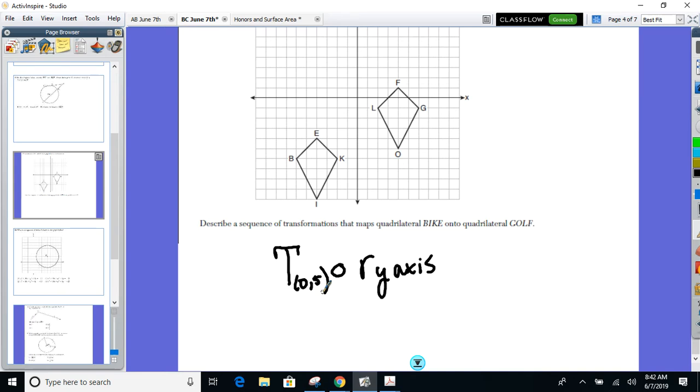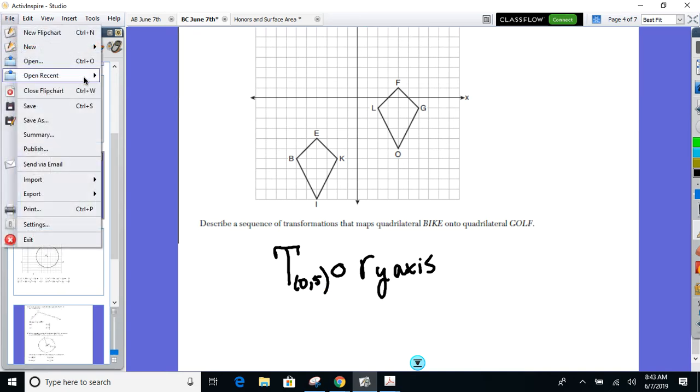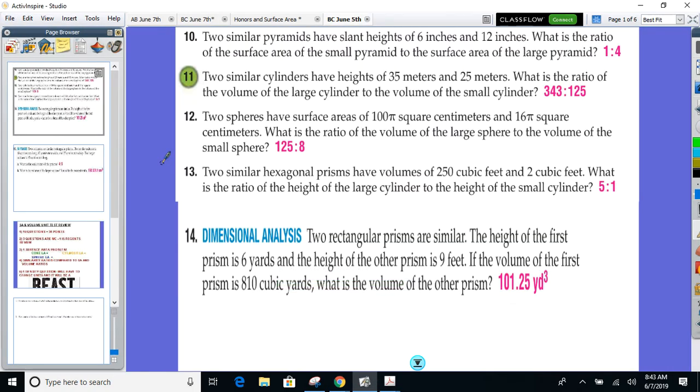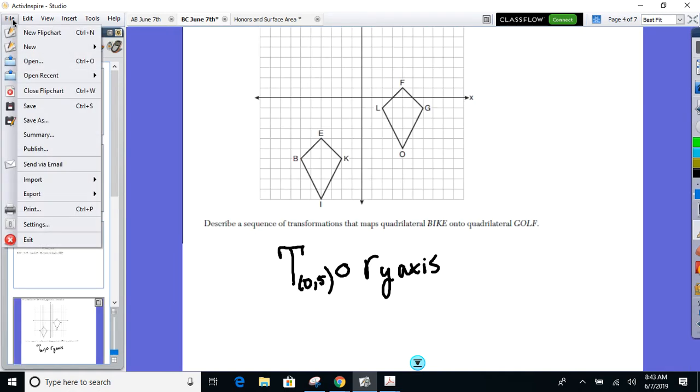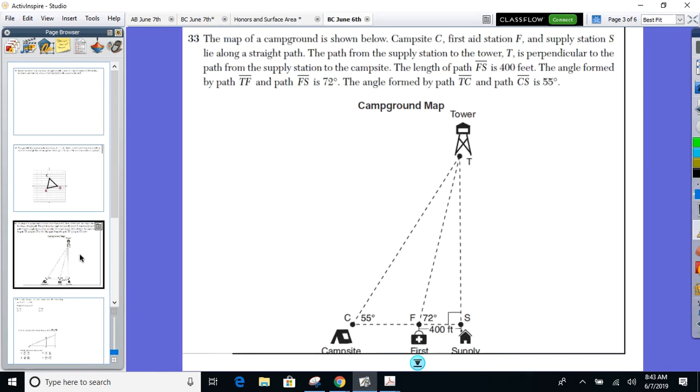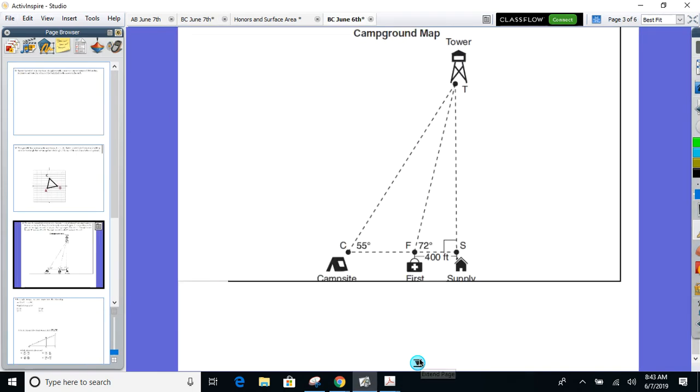Law of sines. Sure. I'll go over the law of sines by going back to problem number 33. The question was, can you review that?